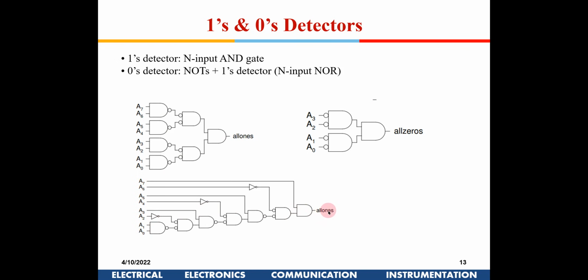To get an all zero detector, the only thing we need to do is invert the inputs. So this is an all one detector, and this is an all zero detector. Such simple circuits can be made to detect whether the contents of the entire register are all 1 or all 0, right?